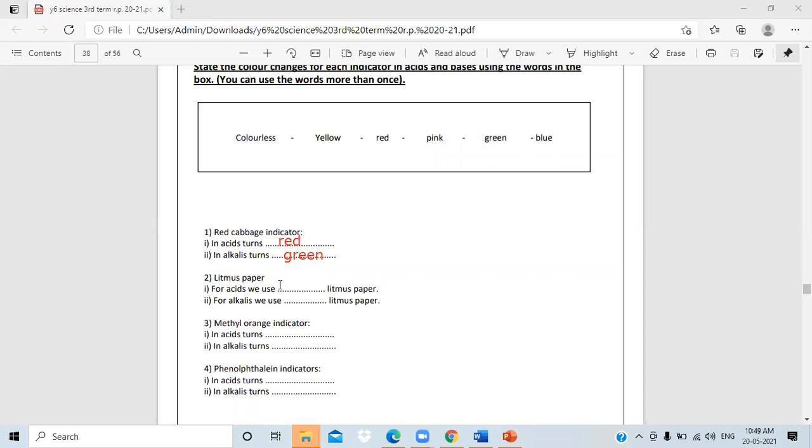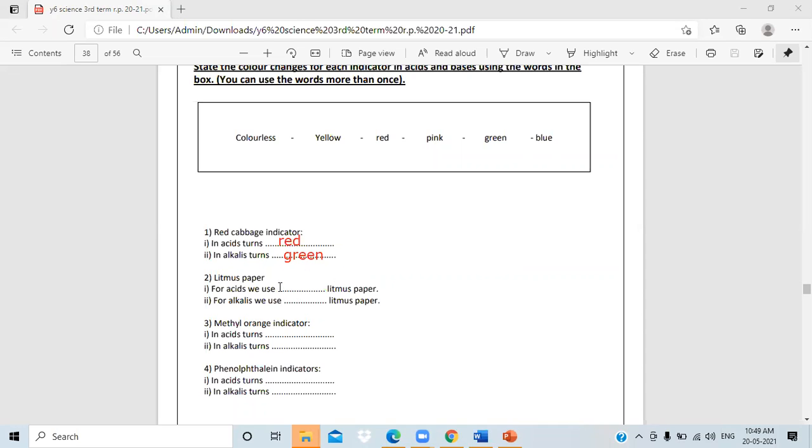Ruqayya, for acids, which litmus paper do we use? This is a tricky one, guys, and it's very important that you read the questions. They don't want the color change here. They want to know what we should use in order to see the color change. For acids, we use which color of litmus paper so that you can see the color change?